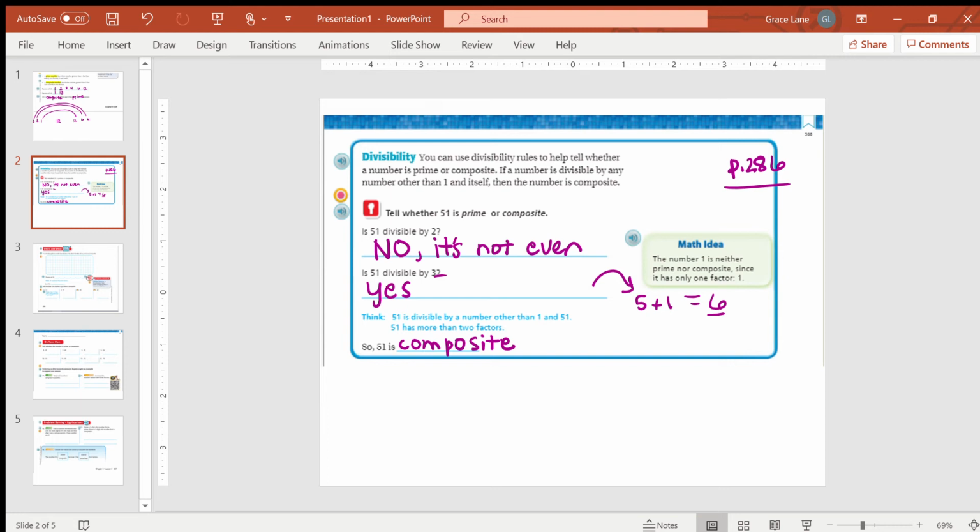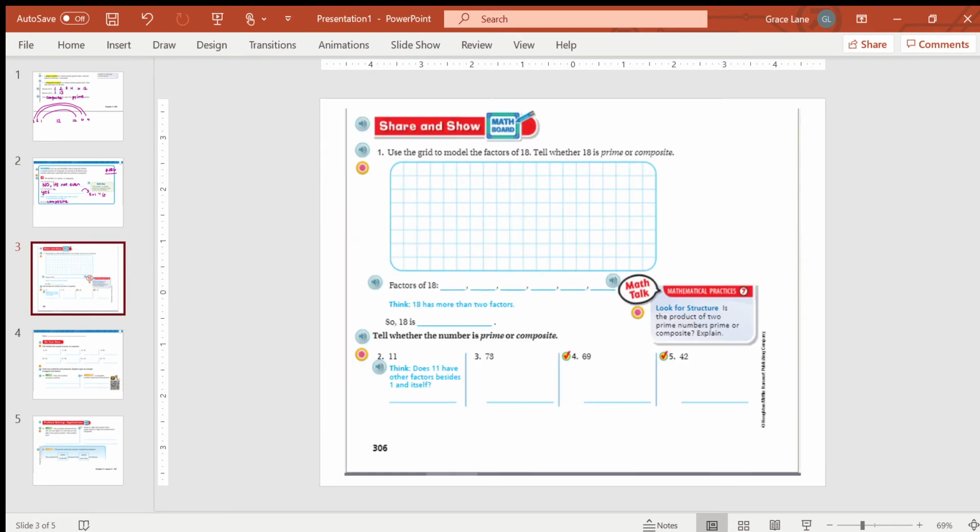Okay, go on to the next part, share and show. Remember that another way to figure out different factors of a number is to use the grid and make a little model. So it says to use the grid model. Use the grid to model the factors of 18 and then tell whether 18 is prime or composite. So you're trying to figure out if 18 has more factors than just 1 and 18, 1 and itself.